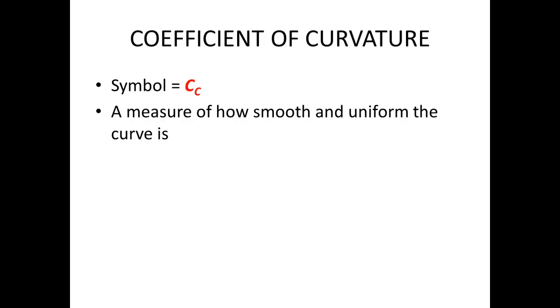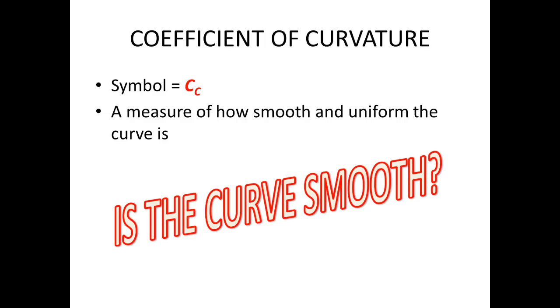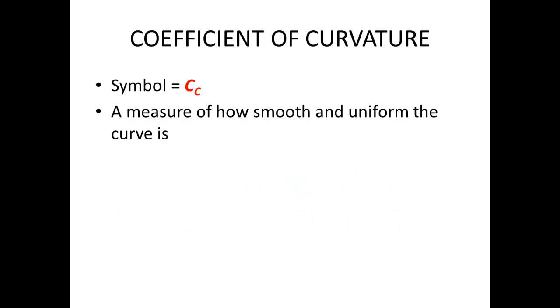The next coefficient is the coefficient of curvature, Cc, which is a measure of how smooth the curve is that you plotted on the log chart, or, in other words, is the curve smooth and free of unexpected dips and peaks.